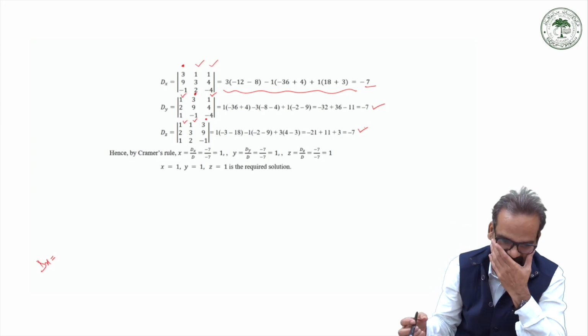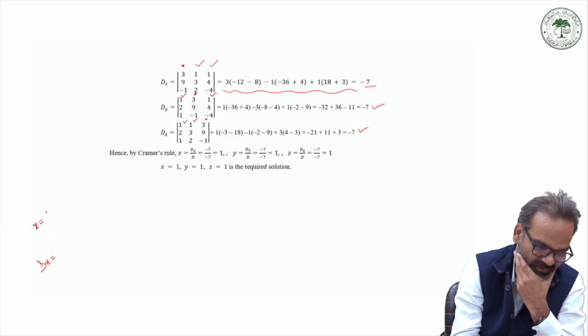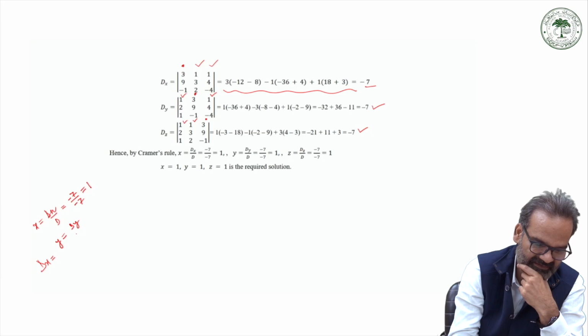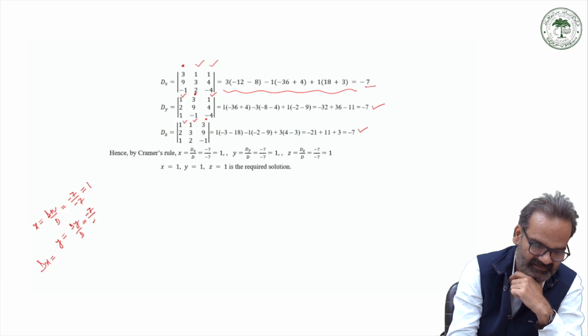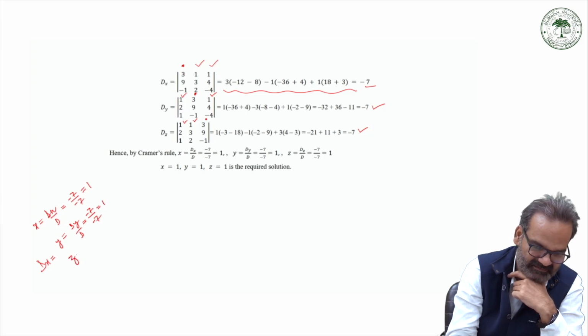Therefore, by Cramer's rule, x is equal to what? Dx divided by D, that is minus 7 divided by minus 7, this is equal to 1. Y is what? Dy divided by D, this is also minus 7 divided by minus 7, this is also 1. And z is what?